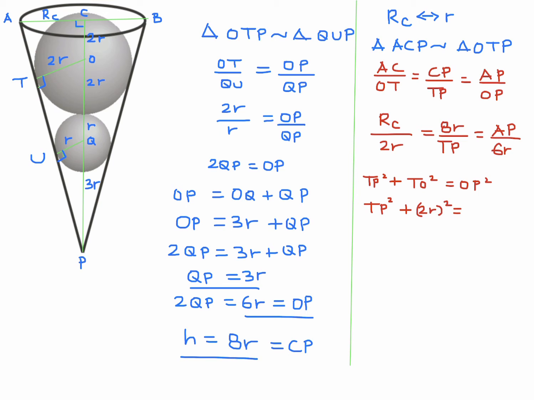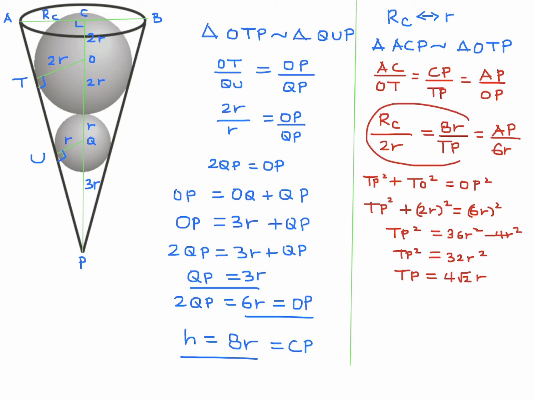And OP was what, 6R, right? So there we go. So that means TP squared is 36R squared minus 4R squared. So that's 32R squared is TP squared. So TP is going to be root 32. So what's that? 4 root 2? 4 root 2R. Okay, great.